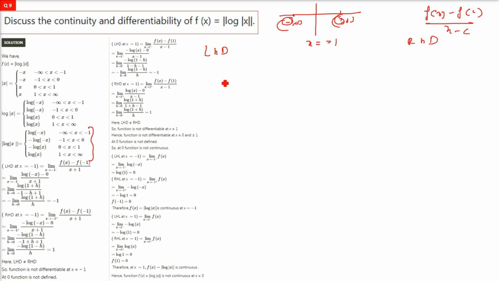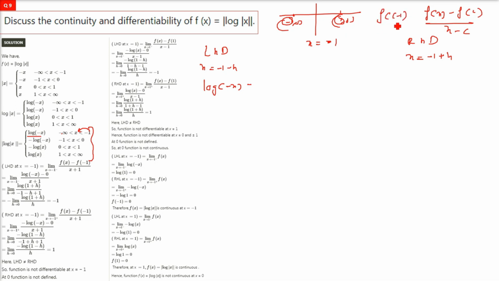We are going to check at x equals -1. On the left hand side of -1 is -1 minus h, and on the right hand side it is -1 plus h. Now, -1 minus h: you are going to the left of -1, so you have to follow this interval. What function do you have to use? Log of minus x. I hope you got this idea. That is why we have replaced it with minus x. What is f(c)? c is -1 here.